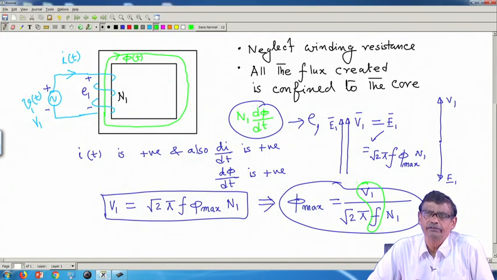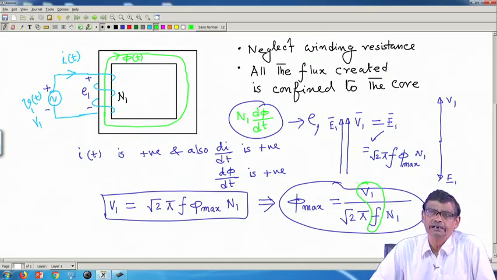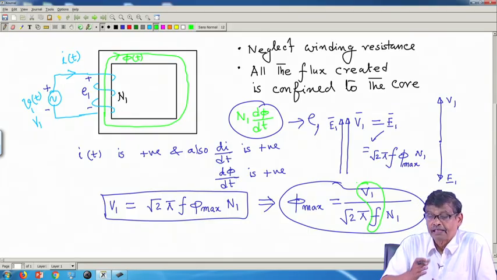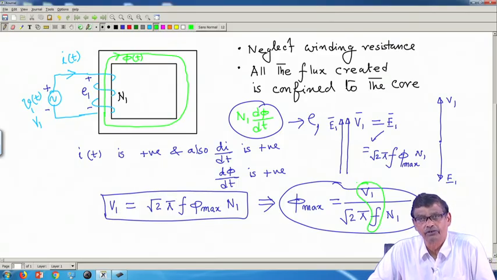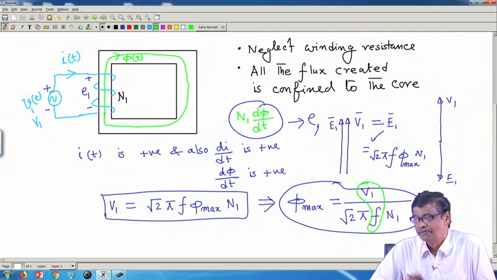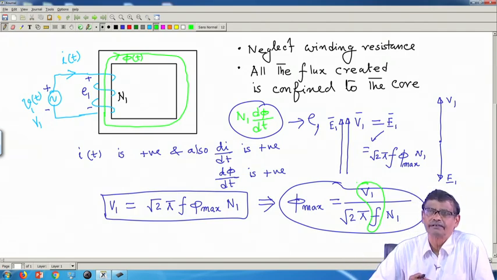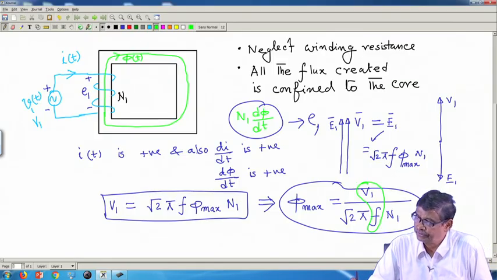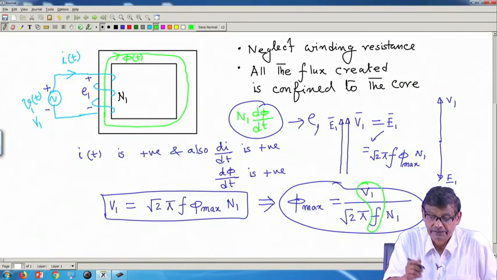To describe a sinusoidal function completely, what you need is its peak value and the frequency. So, if a coil is excited from a sinusoidal voltage source, the value of phi max gets fixed, meaning the flux in the core of the machine gets fixed. This is the thing one should remember very carefully.